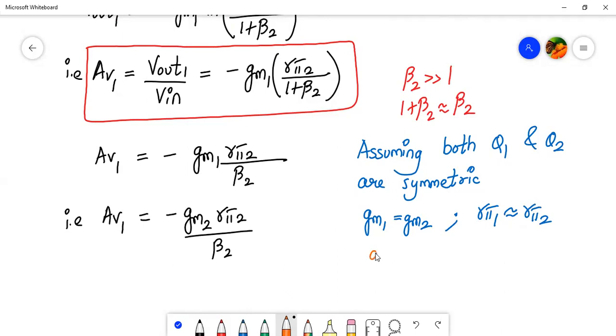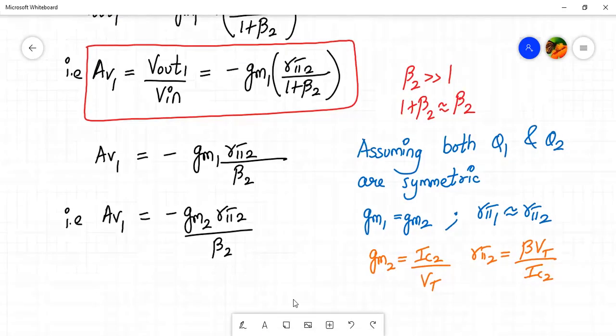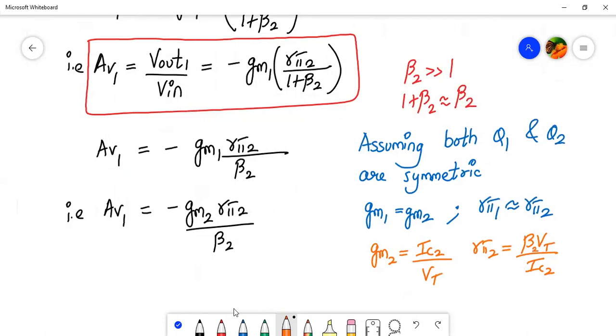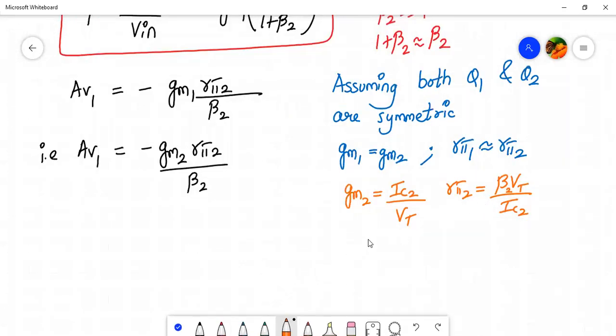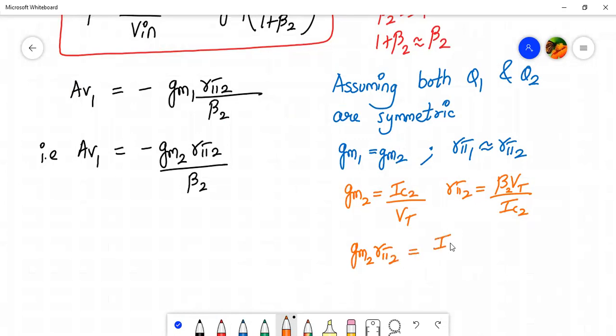Now one more thing is there. GM2 can be written as IC2 divided by VT, right? And R pi 2 is beta 2 VT upon IC2. Now if we multiply GM2 into R pi 2, what do we get? GM2 into R pi 2 will be equal to IC2 upon VT into beta 2 VT upon IC2.